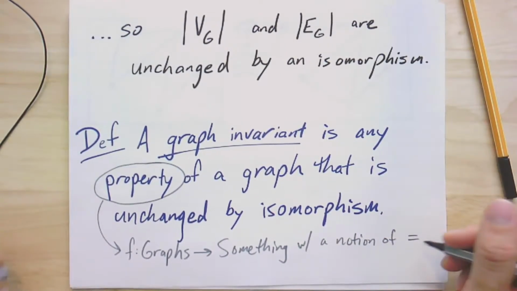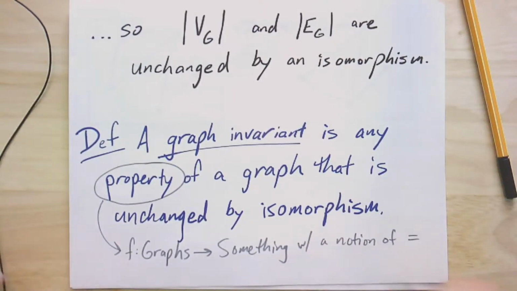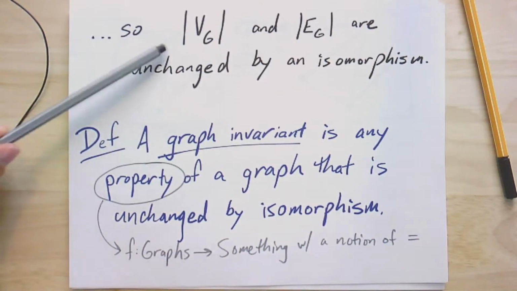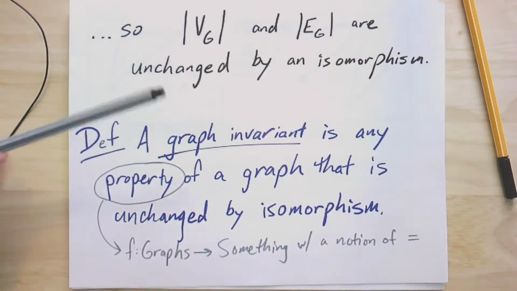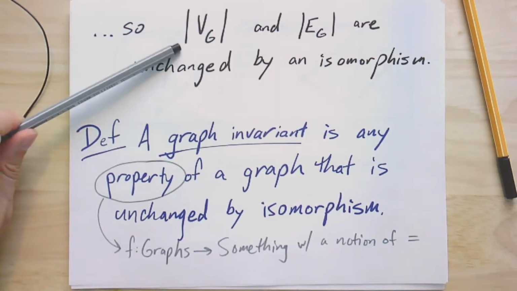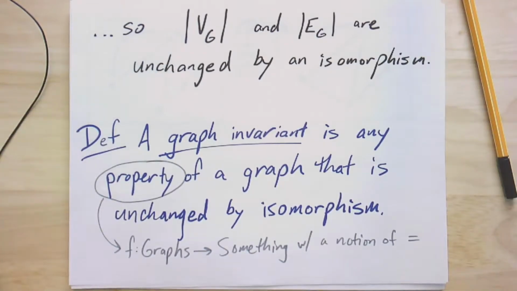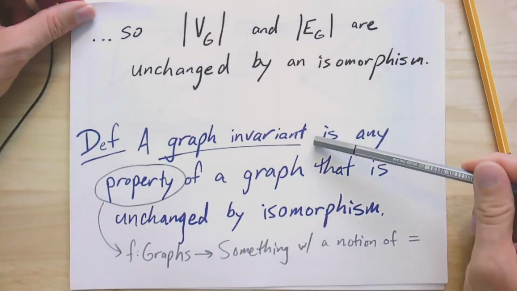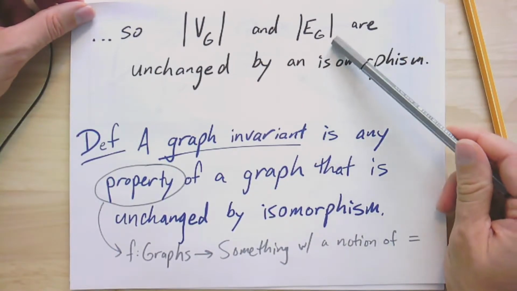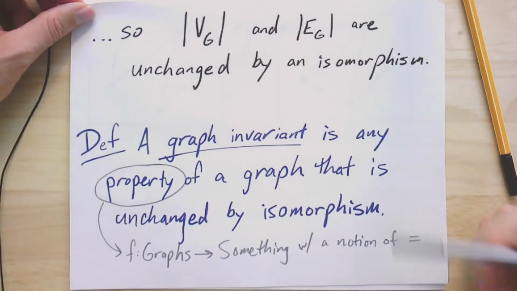Otherwise, we wouldn't be able to tell if it was unchanged or not. In this case, the size of the vertex set is a function from any graph to integers. And the size of the edge set, again, is a function from graphs to integers. Not all of our graph invariants will map to integers like this, but these simple ones do.